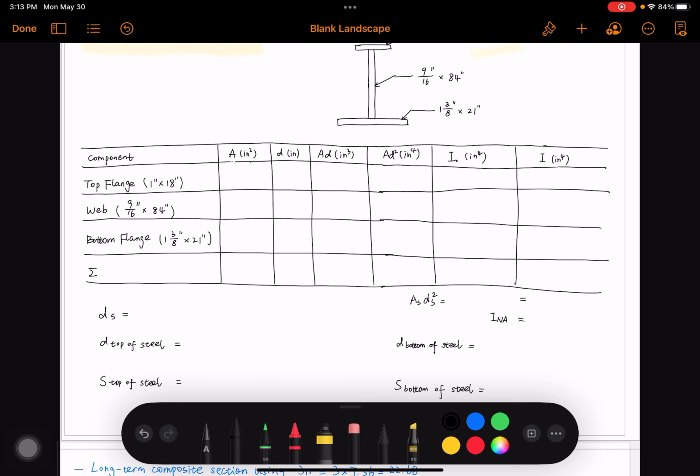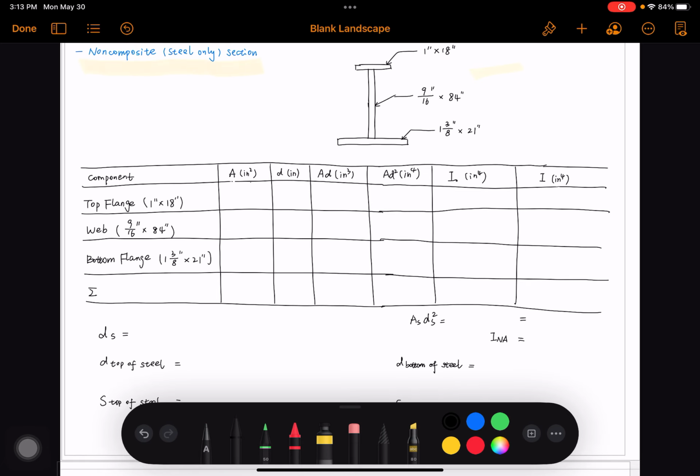So for the top flange, the area is 1 inch times 18 inches, which gives 18 square inches. And D is the distance from the center line of the top flange to the axis which we're calculating the moment of inertia about.